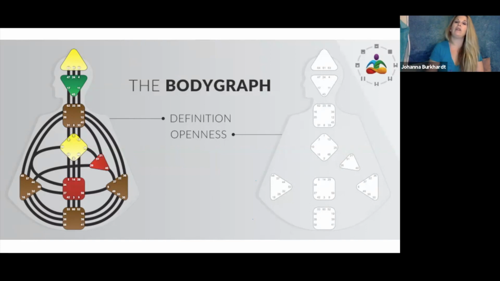So when you're reading your own chart, look at them and see, where am I absorbing from the collective? Where am I absorbing from my family? And we go real deep in the Reset and Reclaim course on this, but I just wanted to surface level it and bring it up and say, this can give you a little bit of idea, because if your head's open or your spleen's open or your emotional center's open, you're actually probably tapping into the collective more than you know, and especially those closest around you.